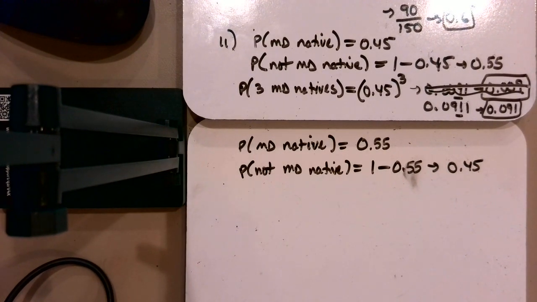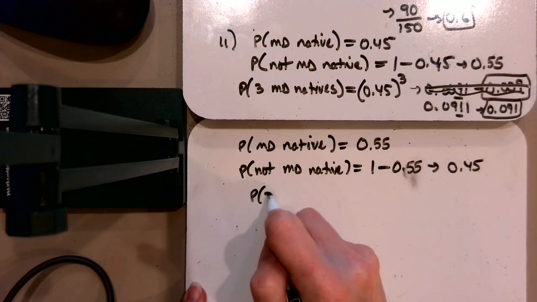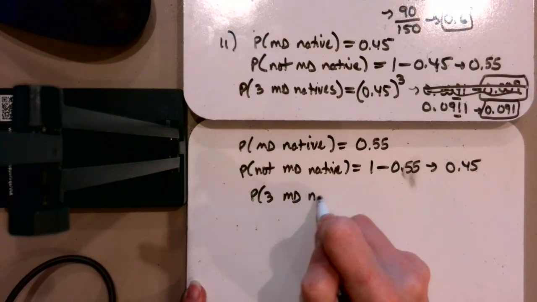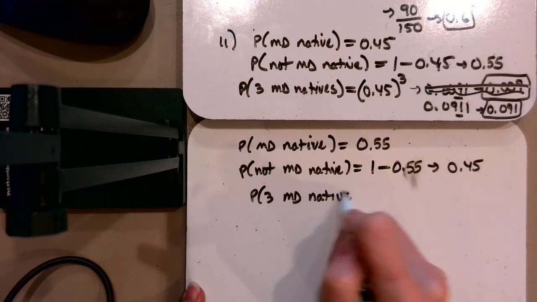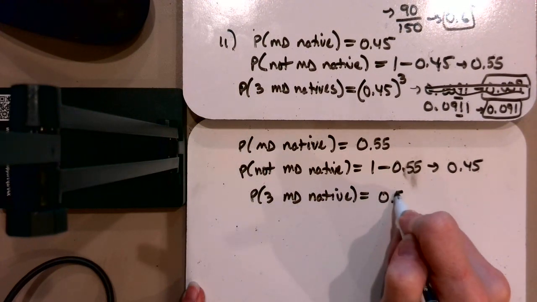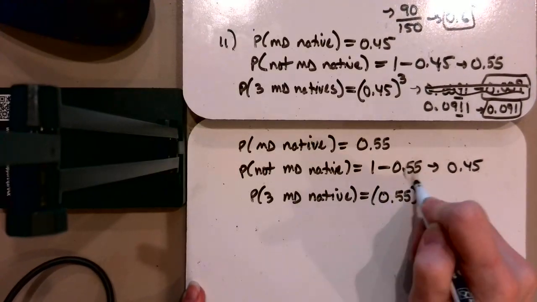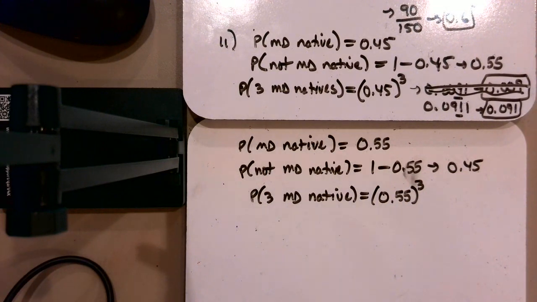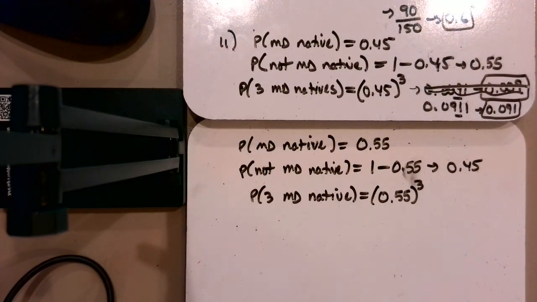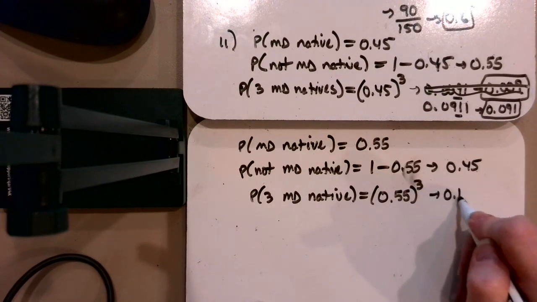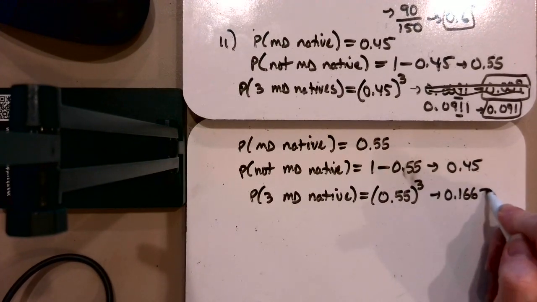And this question says, find the probability that if 3 students are selected at random, all 3 are Maryland natives. So we're going to take 3 Maryland natives. So a Maryland native and a Maryland native and a Maryland native. So we're going to take 0.55, and is the multiplication rule, to the 3rd power, which is going to give you 0.1663.